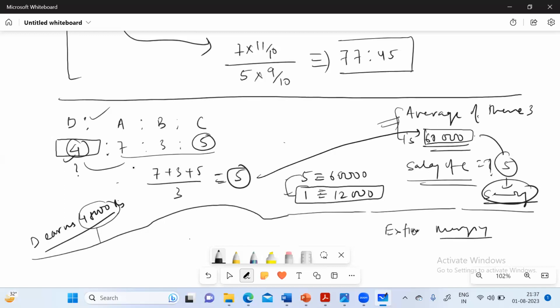Till now, if I'm not teaching you that, you can do it by simple algebra or whatever method you can. After the second class, you can use this ratio merger technique, which is very unique and I'll say awesome.